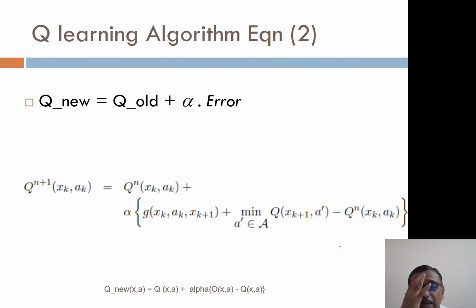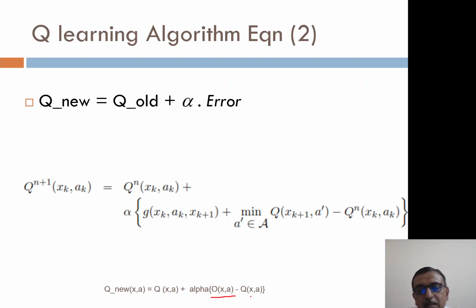You remember in our n-armed bandit problem, I told you about the Robbins-Monro algorithm, where if you are trying to evaluate the expected value of a random quantity, you can do it using this iterative formula. What is Q new? Q new is Q old plus alpha into error. What is alpha into error? I have put it as a footnote on all slides because it is such an important equation. Your observation XA minus the current estimate.